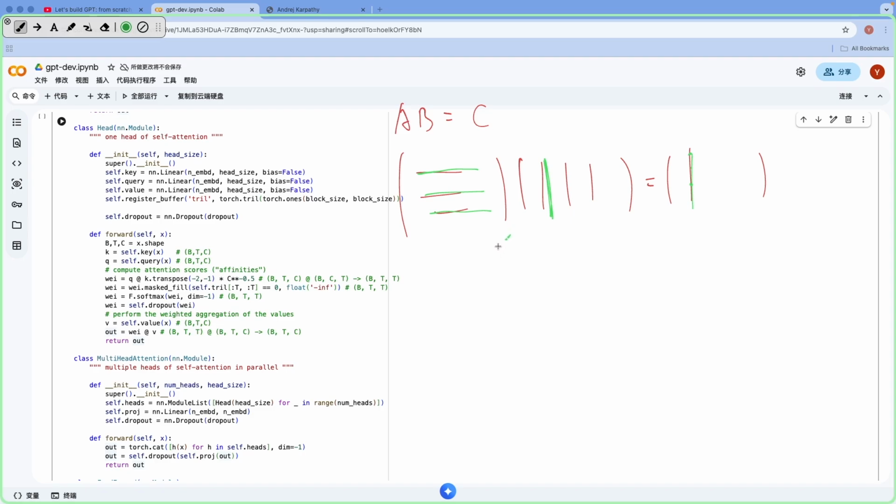We can write a formula: A multiplied by the jth column of B is equal to the jth column of C.